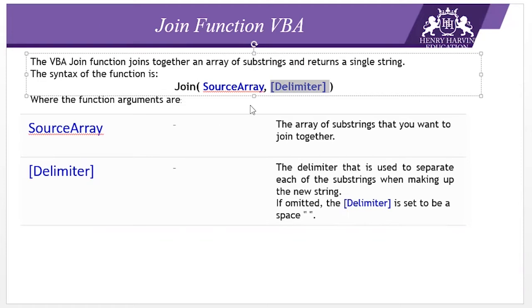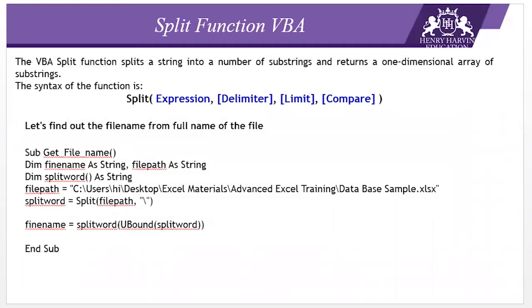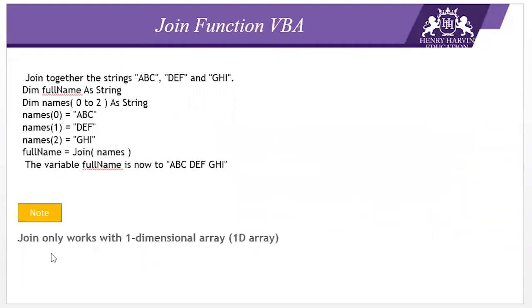Let me tell you the secret about the Join function. If I take you to the second slide, you can see Join only works with a one dimensional array, a 1D array. If you have a range, you have to convert that into a 1D array, and then it will work.